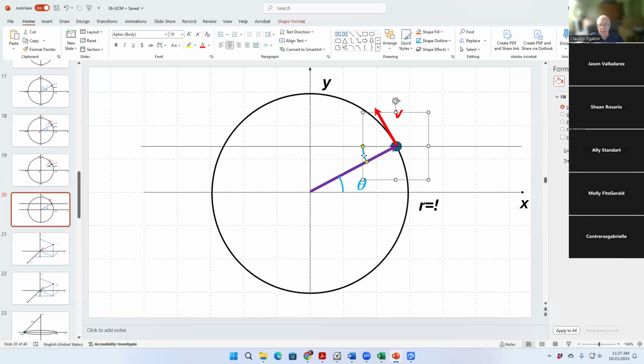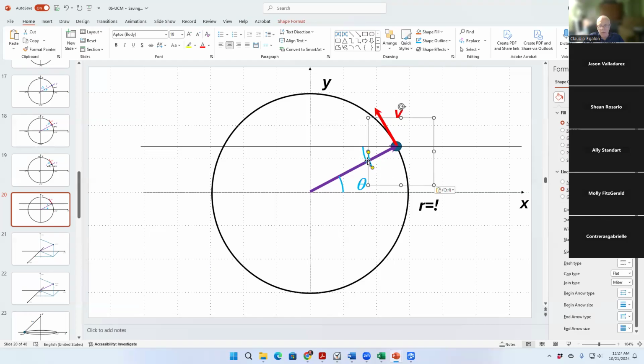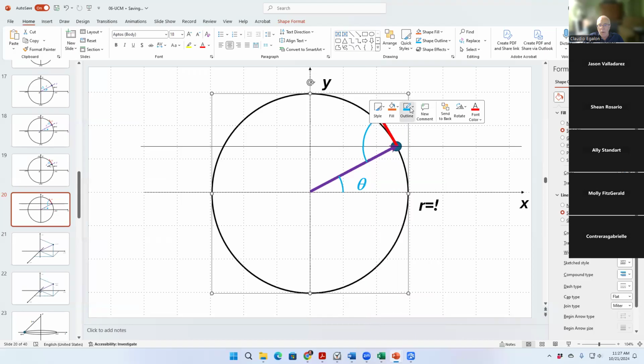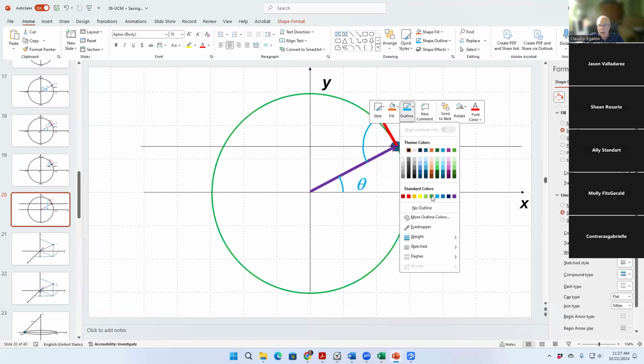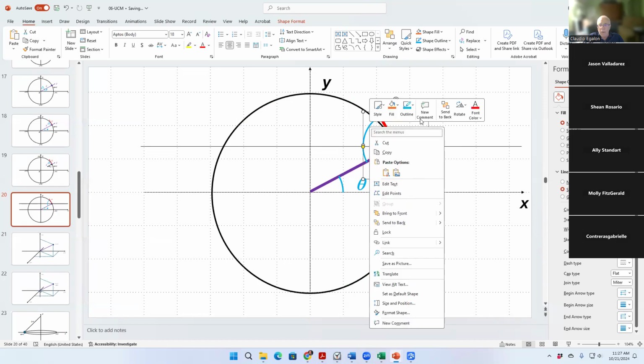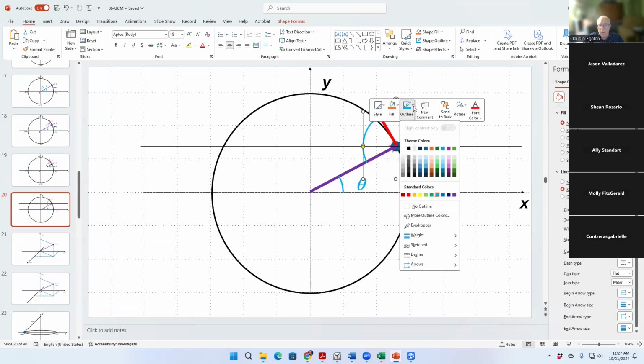Okay, I'm going to copy and paste. I'm going to put a different color, this one here.